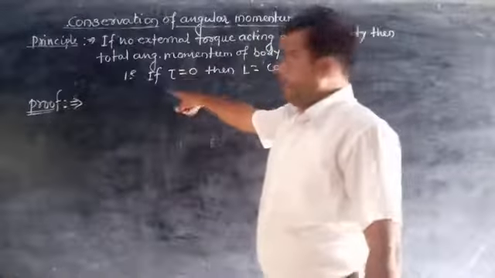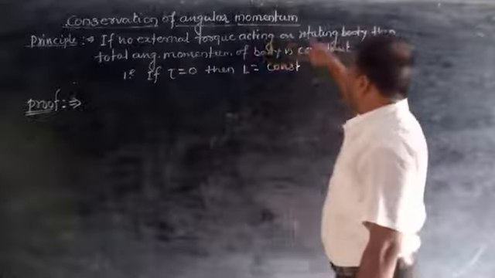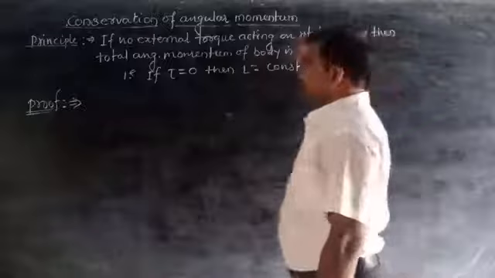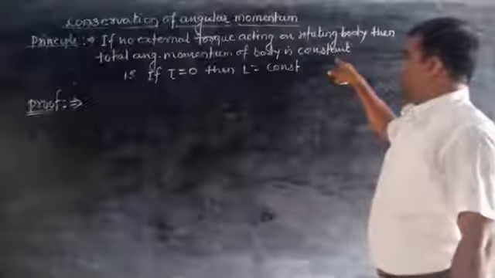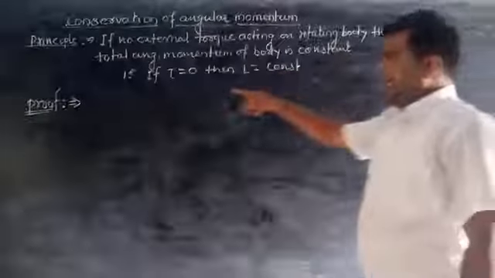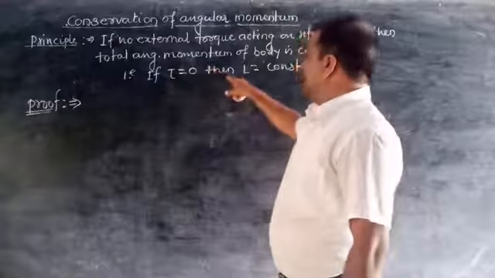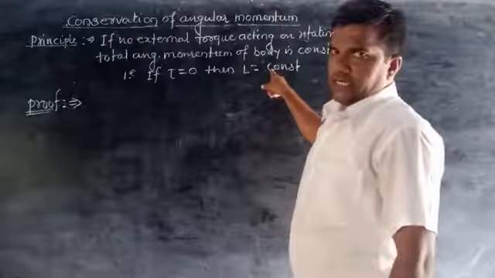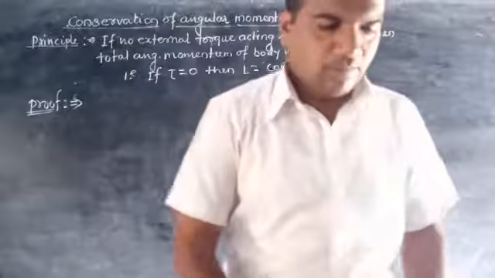That is, if tau is equal to 0, then L is equal to constant. This is the principle of conservation of angular momentum.